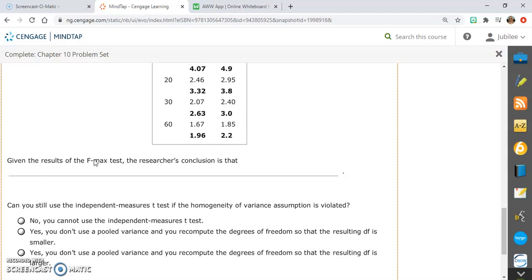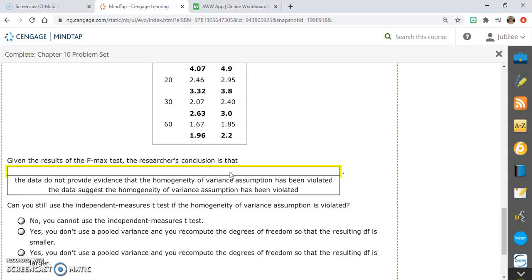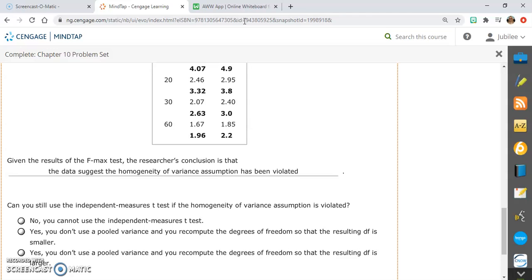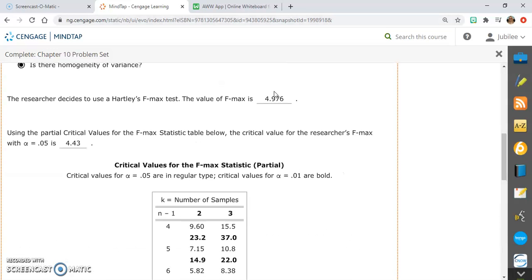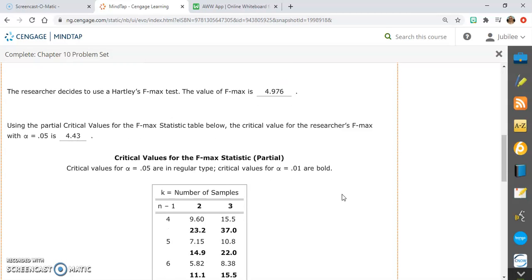So given the results of my Fmax test, the researcher's conclusion is that the data suggests the homogeneity of variance assumption has been violated. Now, if my Fmax test, if this number right here was smaller than 4.43, then I would be fine.